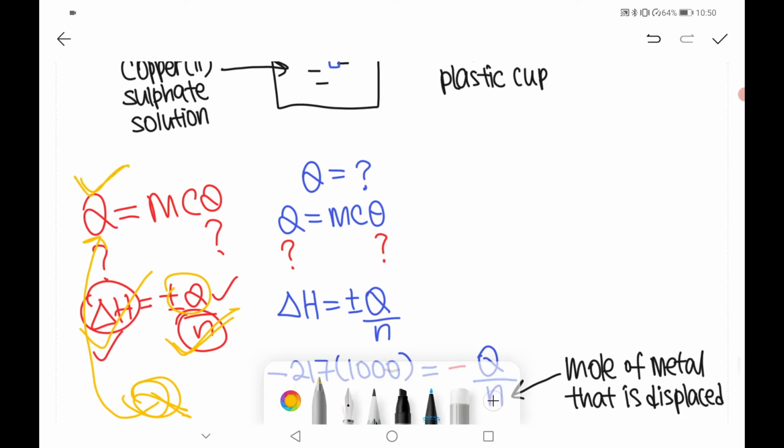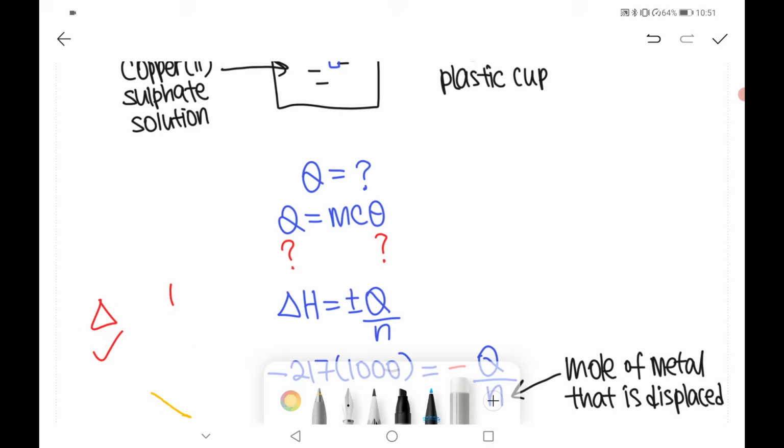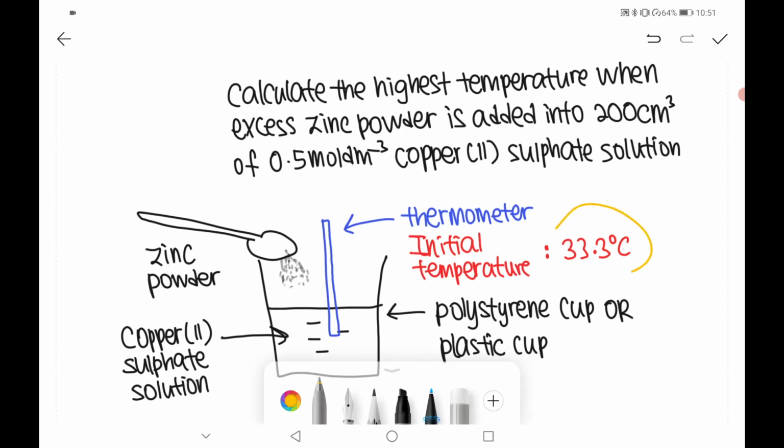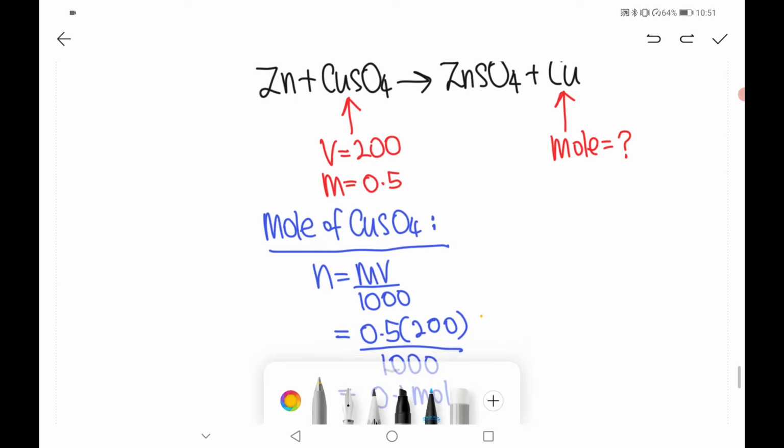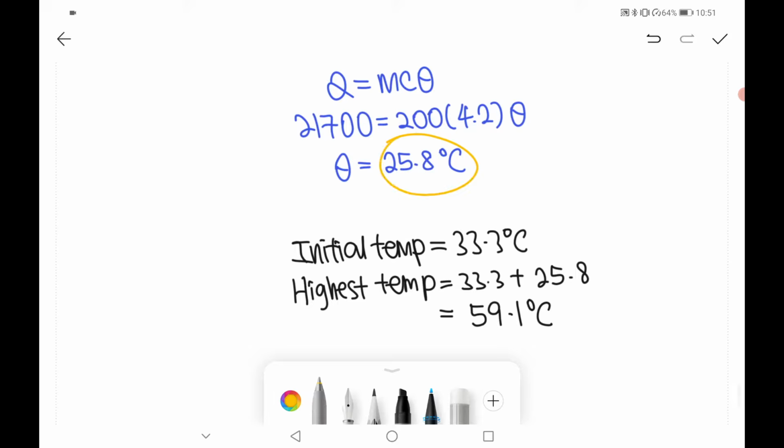Now I have the Q, M is the mass given, C is the heat capacity given. So from here we can find the theta already. Once we have theta, we know the temperature change. Now we want to find the highest temperature, so we just use the initial temperature increased by the theta, 25.8 degrees Celsius. Then we are able to find the highest temperature already.